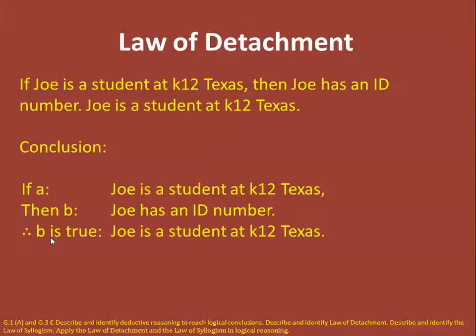So if A is true, then B is going to have to be true. So my conclusion is that Joe has an ID number. And up here we did say that A was true.